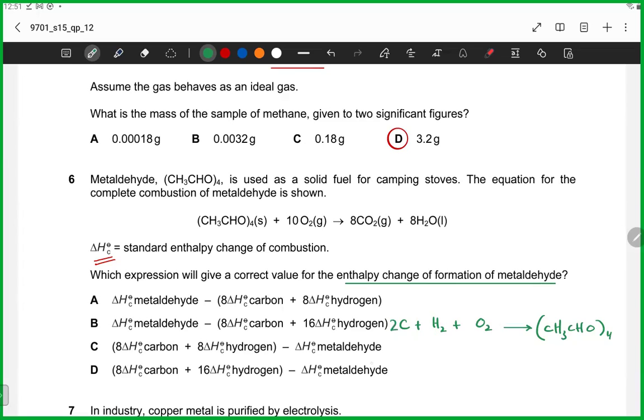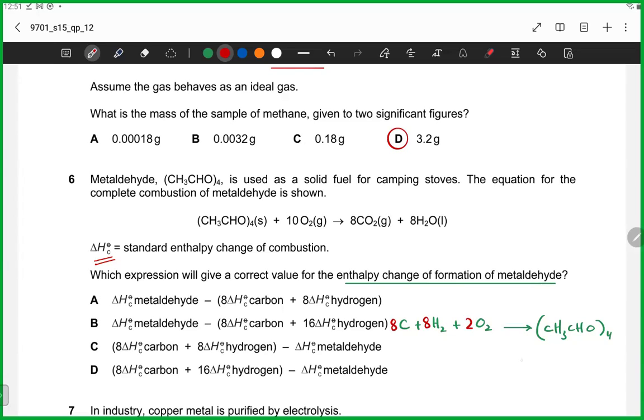So there are two carbons, two hydrogens, and half oxygen, right? Actually, that's 4 times. So it's actually 8 carbons and 8 hydrogens and two oxygen gas molecules, right?